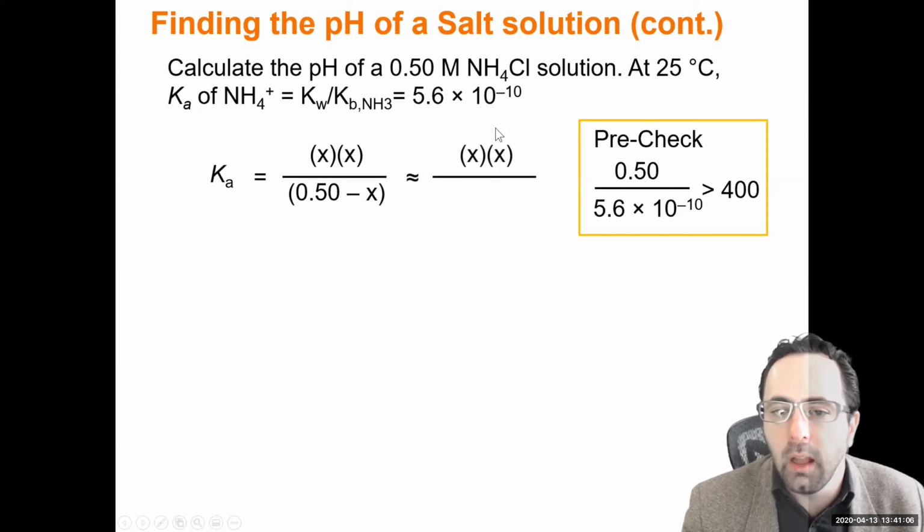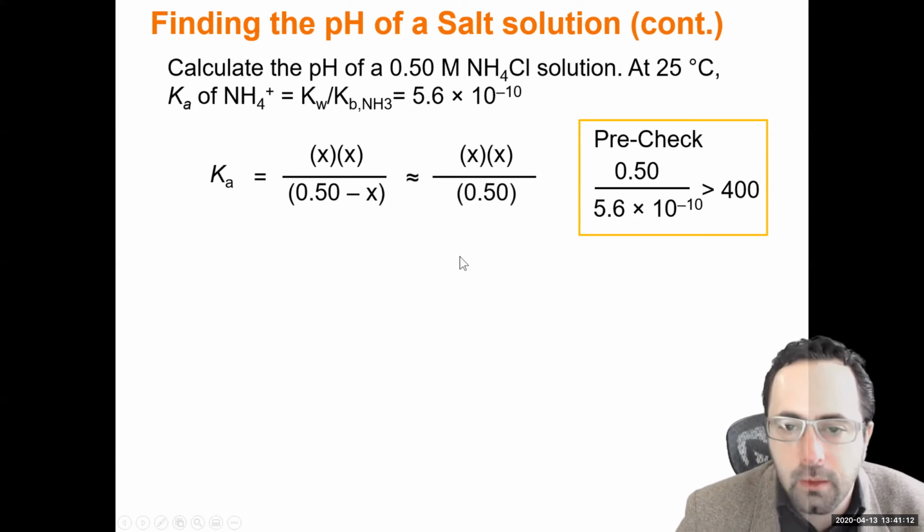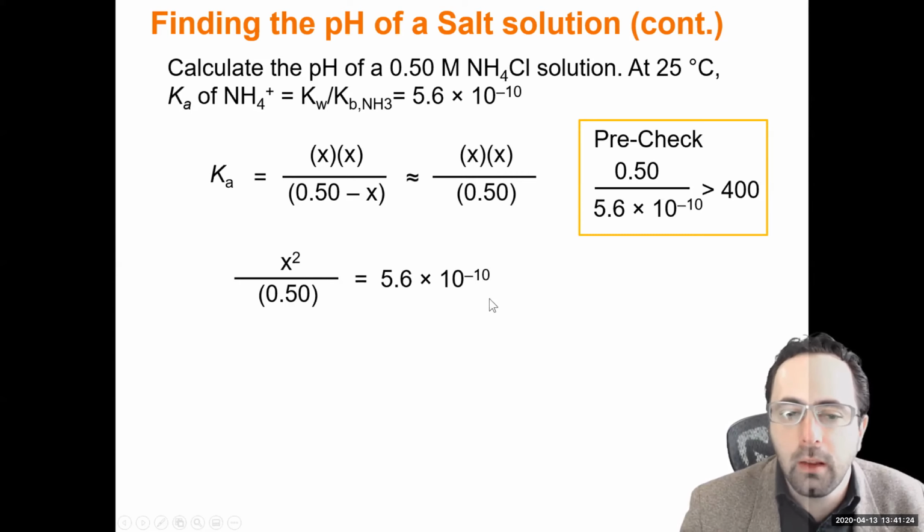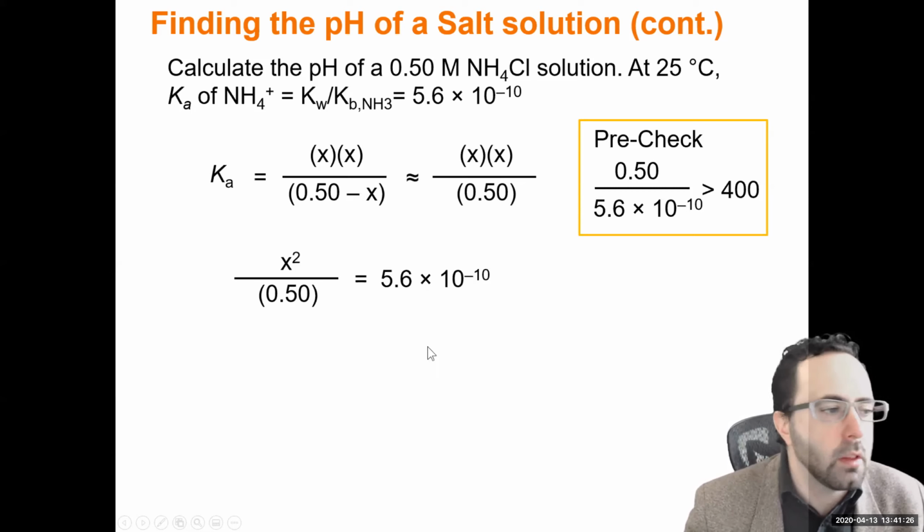So we're going to leave the x's on the top, but this is going to be now 0.5 instead of 0.5 minus x. So now let's copy this down. We're going to put x squared now on the top, x times x, and 0.5 on the bottom. And that is equal to our Ka, which was 5.6 times 10 to the minus 10.